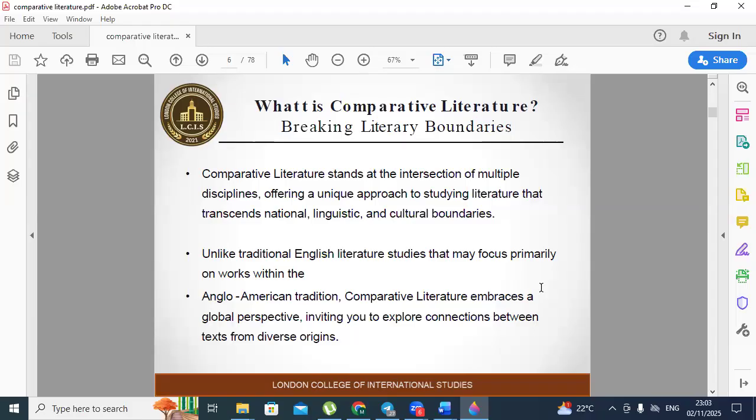It makes a direct comparison to traditional English literature studies, which it suggests can sometimes be more focused on the Anglo-American canon. In contrast, comparative literature is explicitly global, and its primary activity is to explore connections between texts from diverse origins.